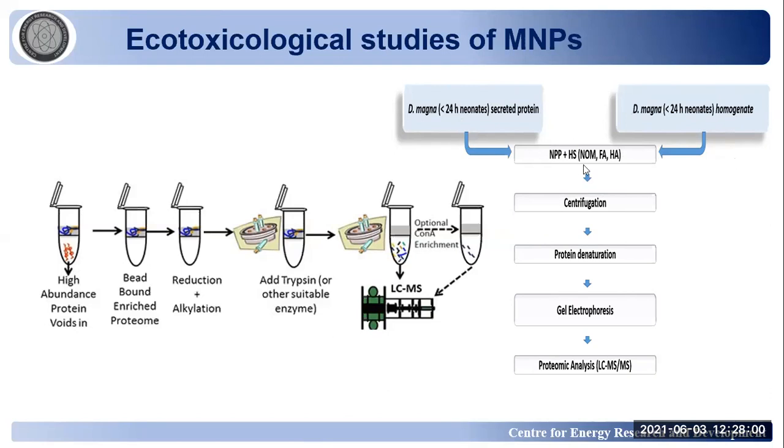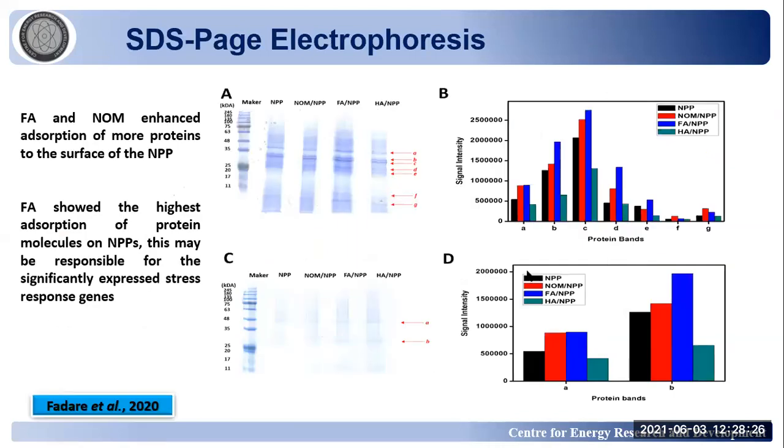We then incubated it with the nanoparticle, also in the presence of humic substances. We centrifuged it in order to precipitate the particles, then did reduction and alkylation for protein denaturation. Then we subjected it to separation using gel electrophoresis, and we also did proteomic analysis using LC-MS.